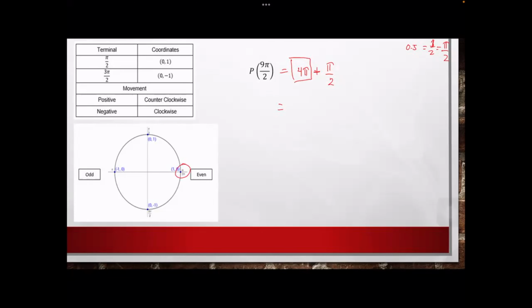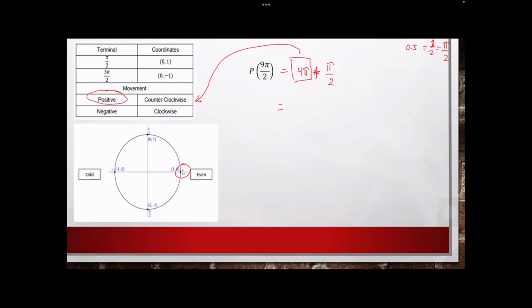Then, mag-a-add ka daw ng pi over 2. Now, ano yung sign ng pi over 2? Ito itong pi over 2 ay positive. So therefore, mag-a-add tayo ng pi over 2.